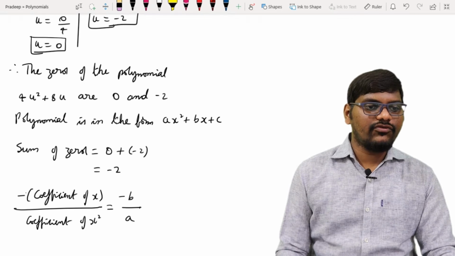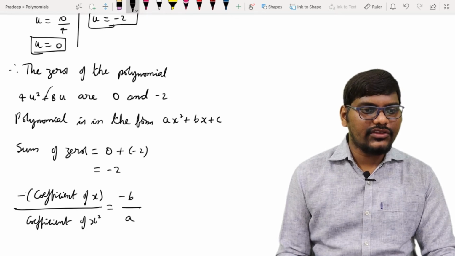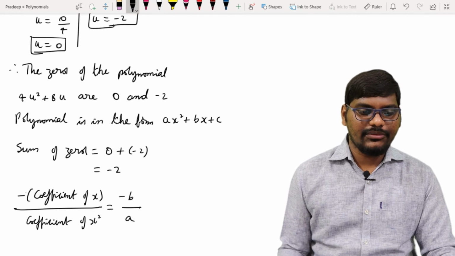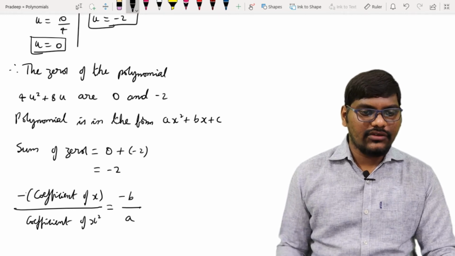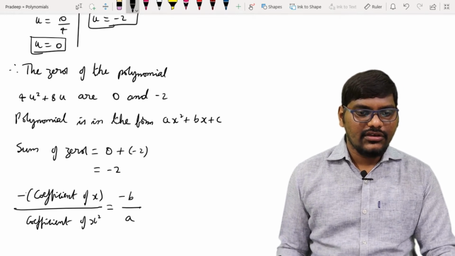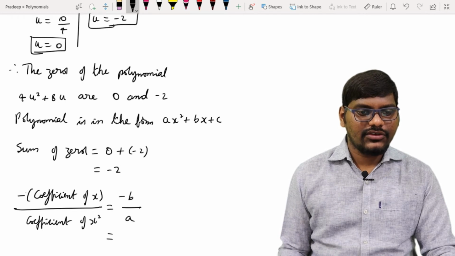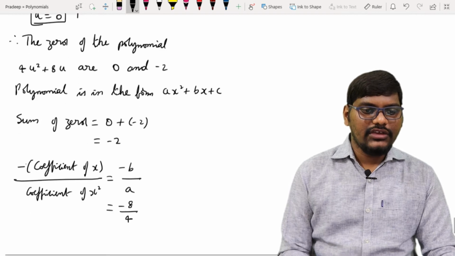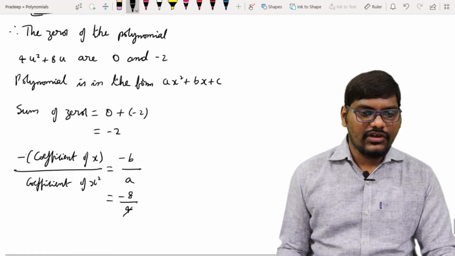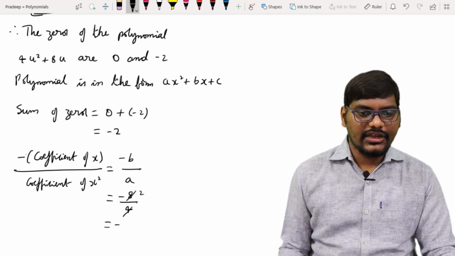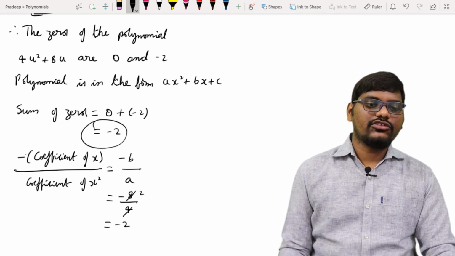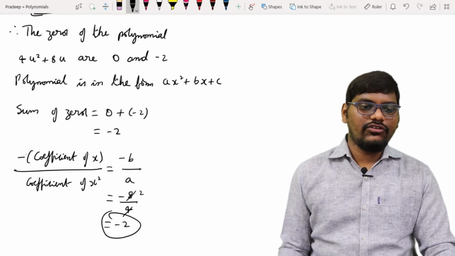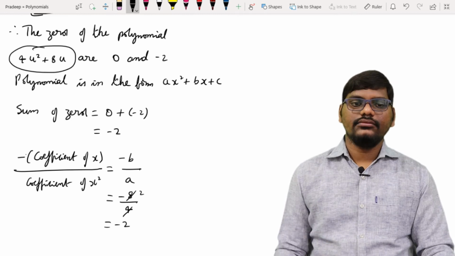Here a is 4 and b is 8. So we substitute over here, so that I will be getting minus 8 by 4 as the value. If we just cancel the 4 ones and 4 twos, we'll be getting minus 2. See here, sum of the zeros is minus 2, and with the coefficients we got minus 2.